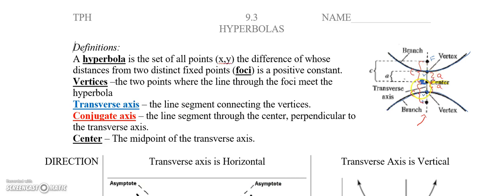You have plus a and minus a, so its length is 2a. And the conjugate axis is the line segment through the center that's perpendicular to the transverse axis. So it would be perpendicular through the center here where my cursor is showing. The center is going to be the midpoint of the two vertices on the transverse axis.